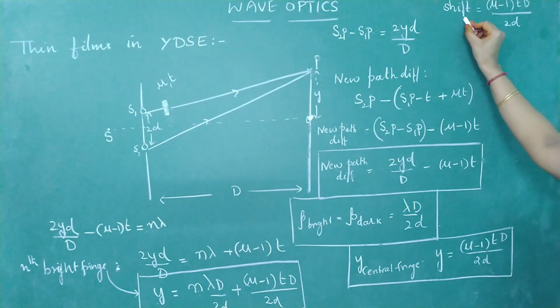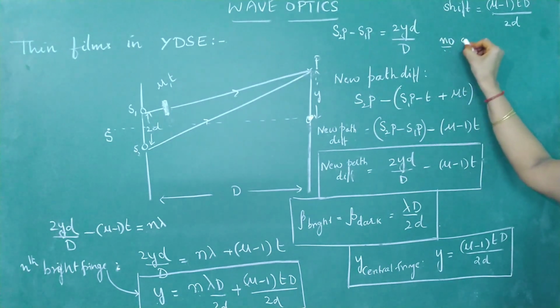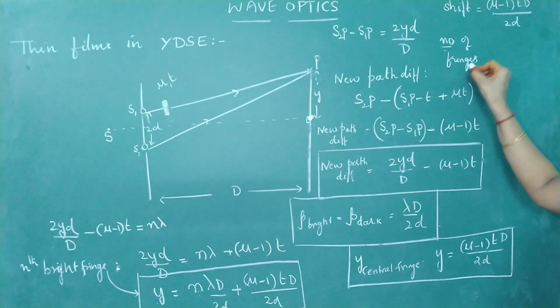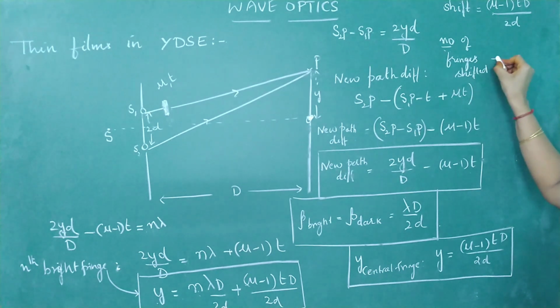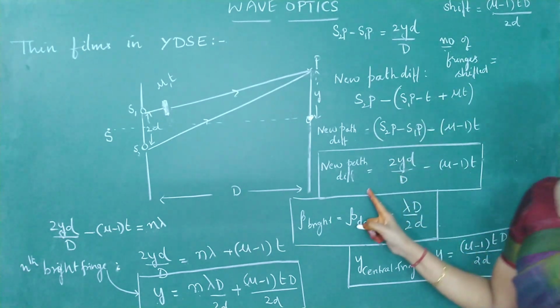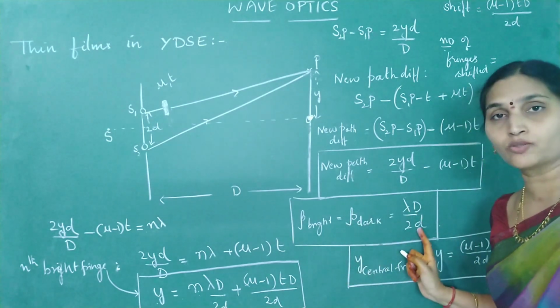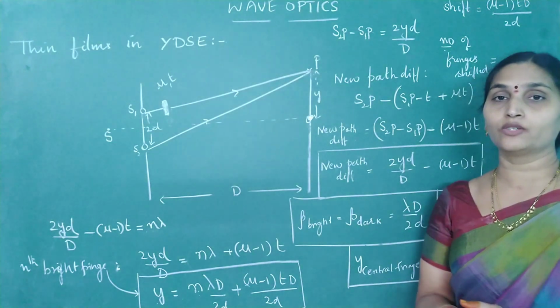So if you know the shift, I want to know the number of fringes shifted. How to get the number of fringes shifted? Shift divided by fringe width. Each fringe has a width of lambda capital D by 2d. So how many such fringes have shifted up or down?